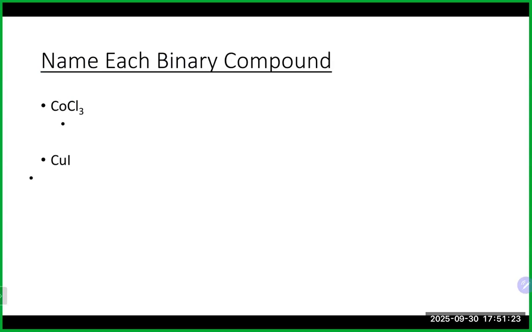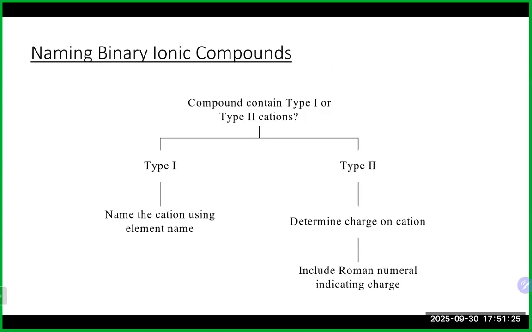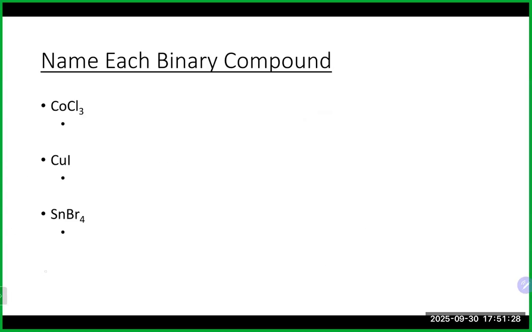All right, so why don't you try a couple here? Oh, I'll just add PbO2 there as well. Why don't you also give the formula for the following? Let's do iron(II) nitride.